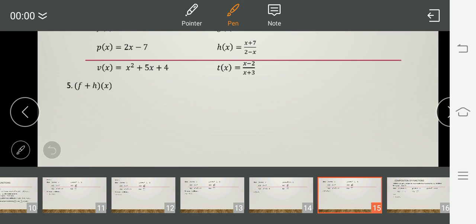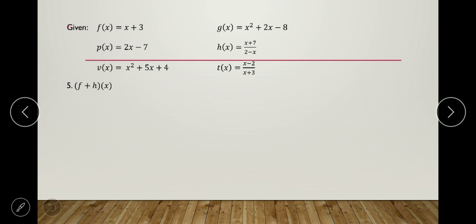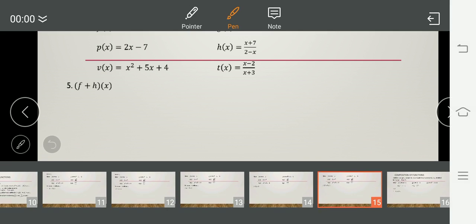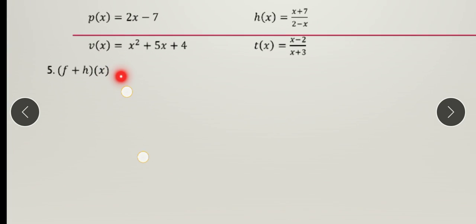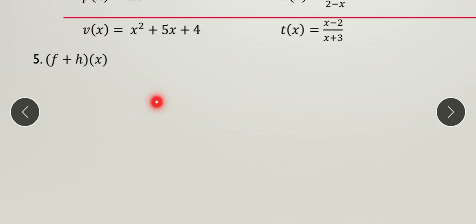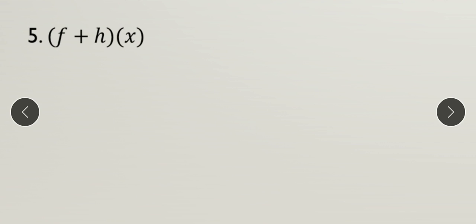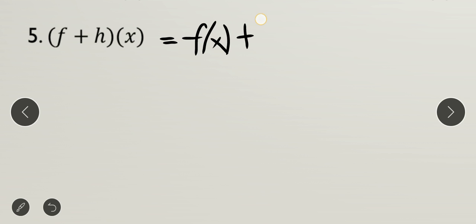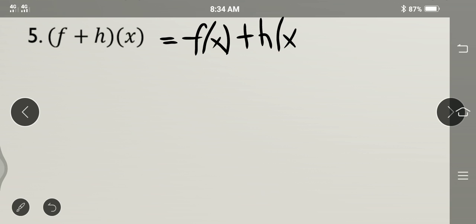Next example, we are going to get the sum of the functions f and h. Now at this point, this is now equal to f of x plus h of x.